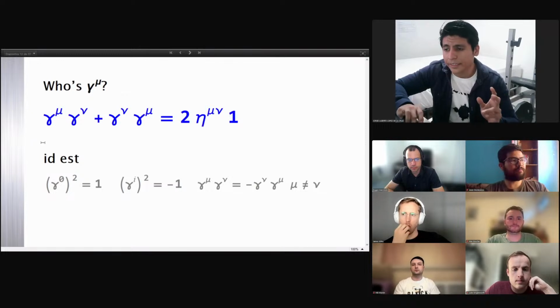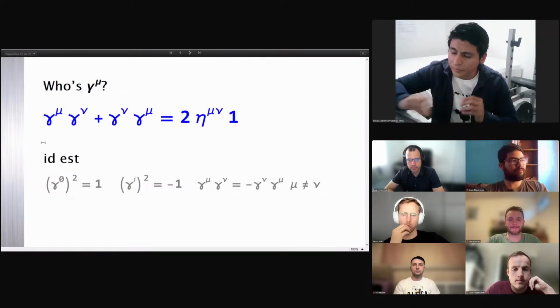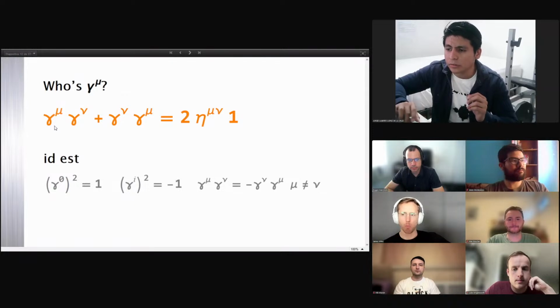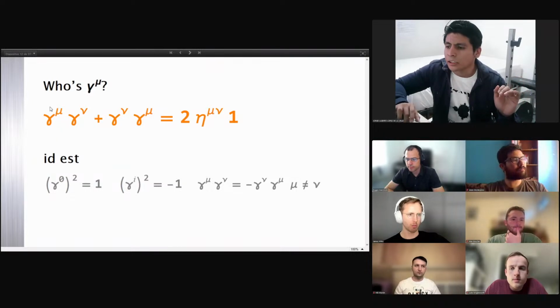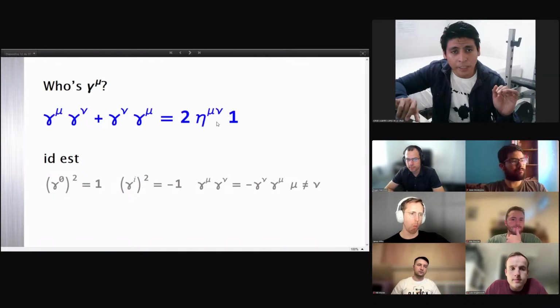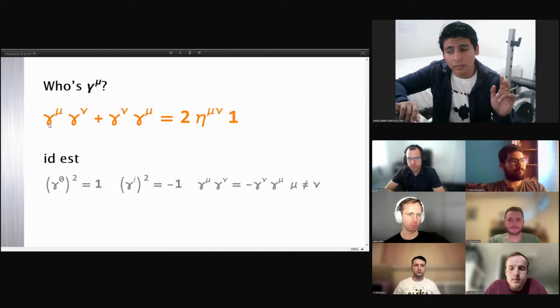All right. Look at this equation. Here, mu and nu run over all the indices, the 4 indices, 1 in time and 3 in the space coordinates. So here we actually have 16 equations, and each gamma matrix is a 4 by 4 matrix.